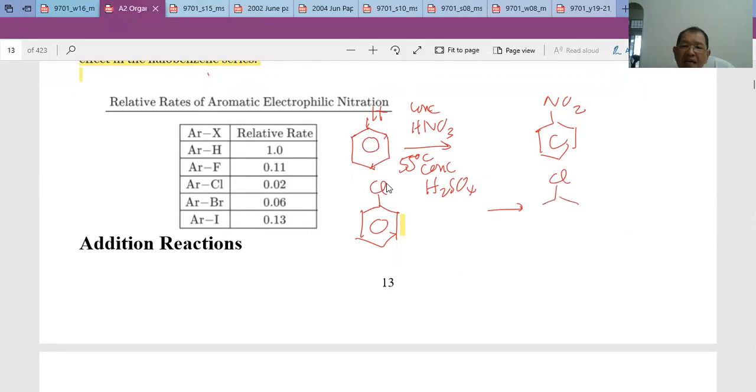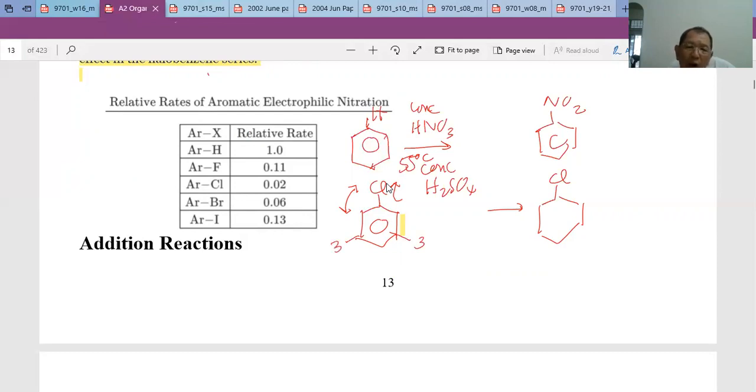Now the point is here, you see, we see that chlorine, the thing overlaps with the pi electron cloud. But chlorine is also an electron withdrawing agent. So if chlorine is a withdrawing agent, that means it will direct it to where? To number 3, isn't it?